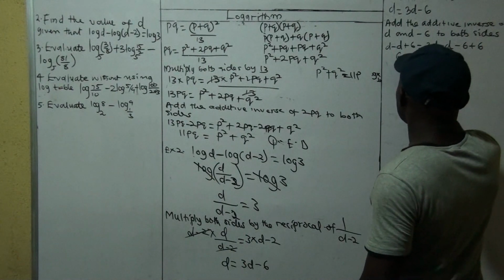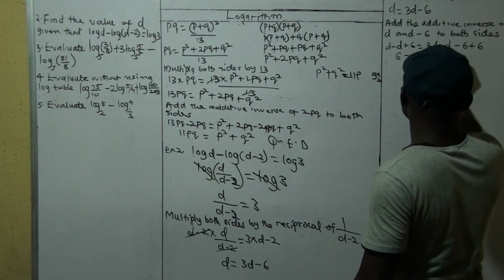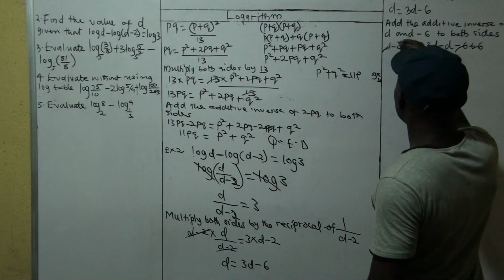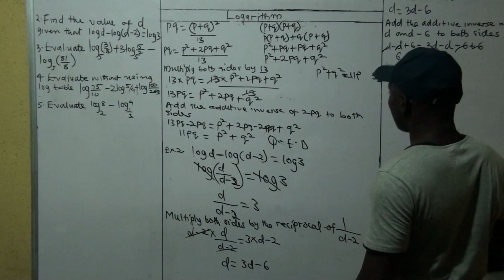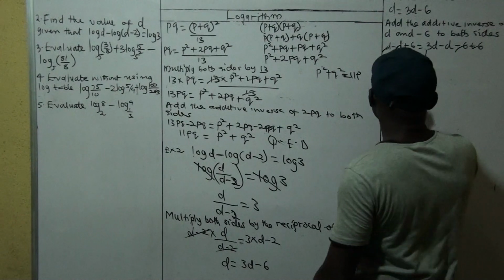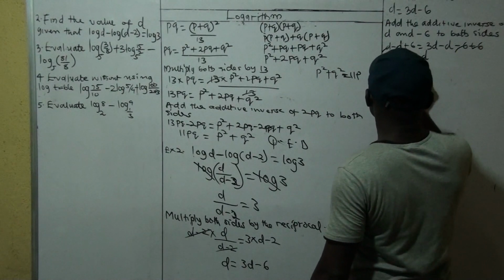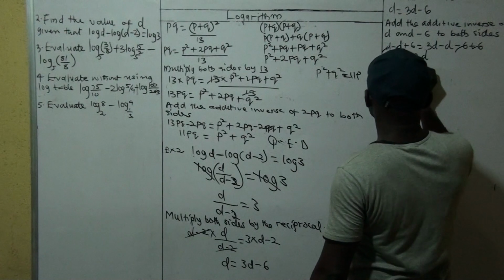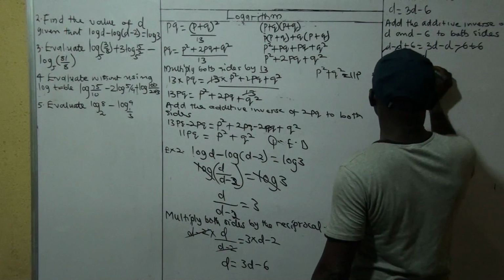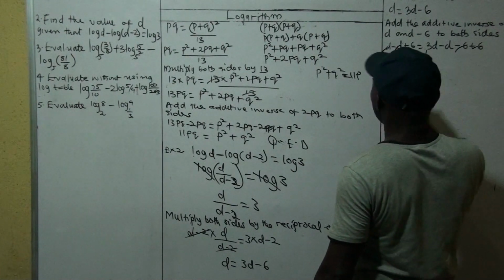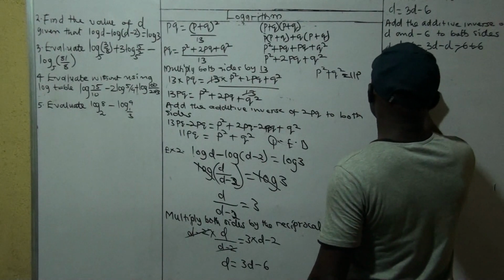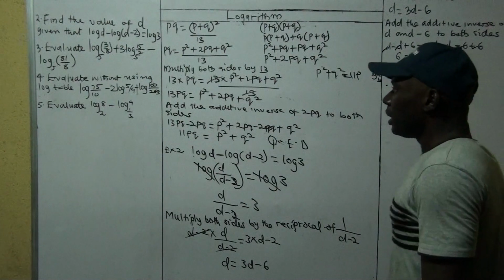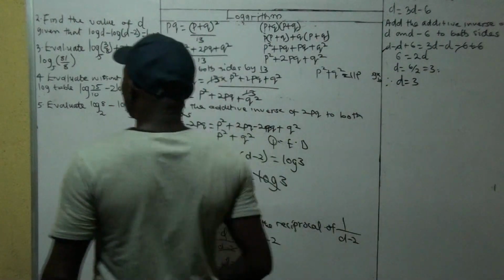So here we have 6 is equal to 3d minus d, so here we have 2d. In order for us not to waste time, our d is equal to 6 divided by 2, and that gives 3. So you say therefore d is equal to 3 in that question.